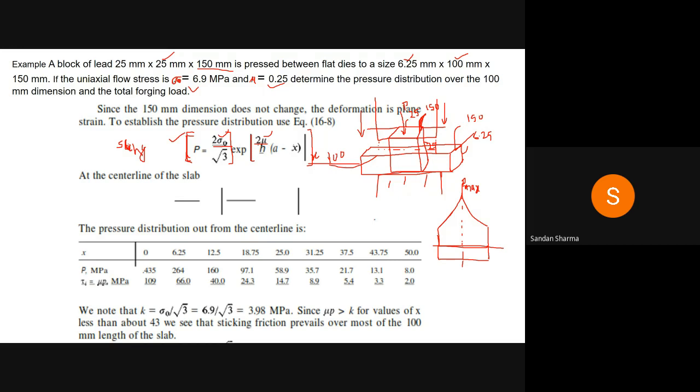This is the final condition you are taking, because you are considering the pressure required at the center when it is being pressed from 25 to 6.25. So we'll put here the value 6.25 as the value of H, and X will be 0 when you are considering the center line. Did you understand up to here?